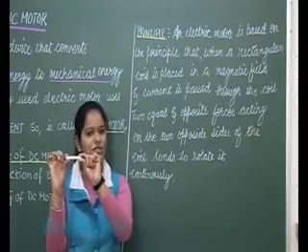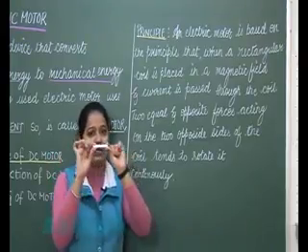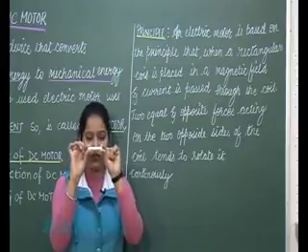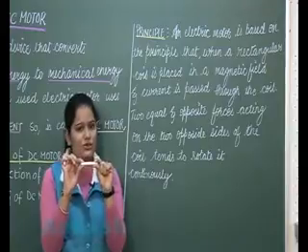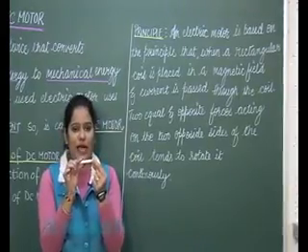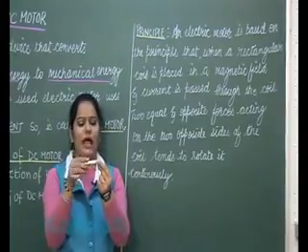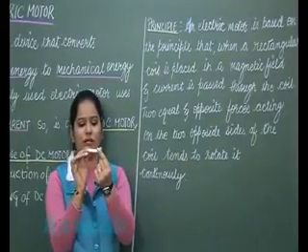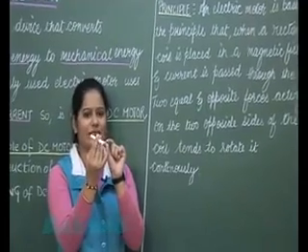If force which is acting towards left is more, it will move to this side. But if these two forces are equal, then the position of the chalk remains the same. Now student, what if these two forces are equal but they are acting in such direction that one force is acting here and the other force is acting along this direction? Then student, this chalk piece will start rotating like this.